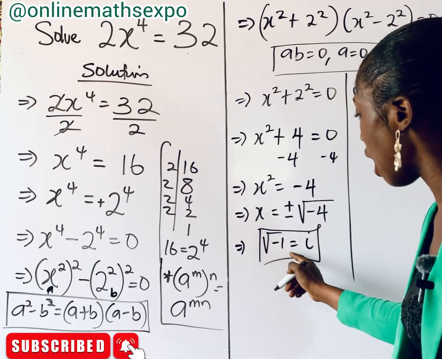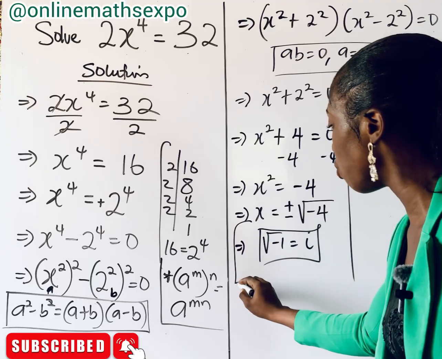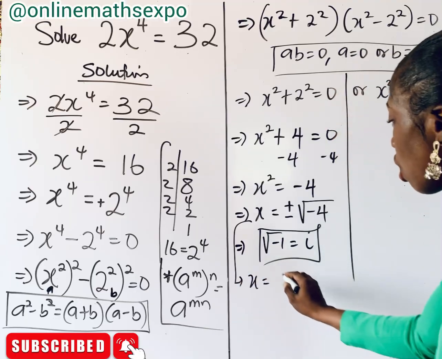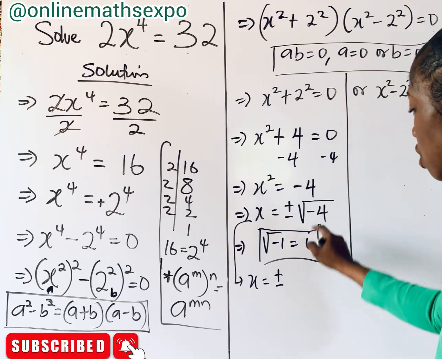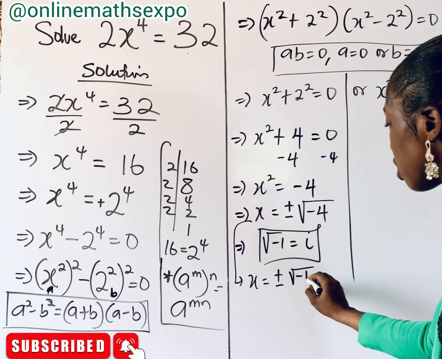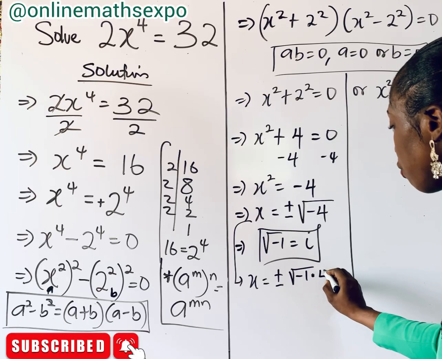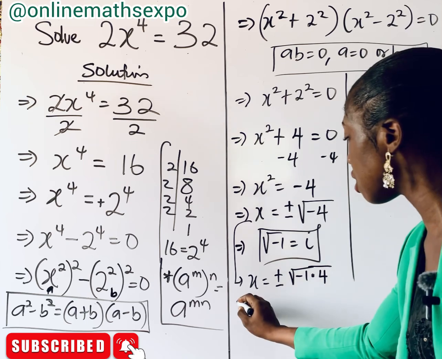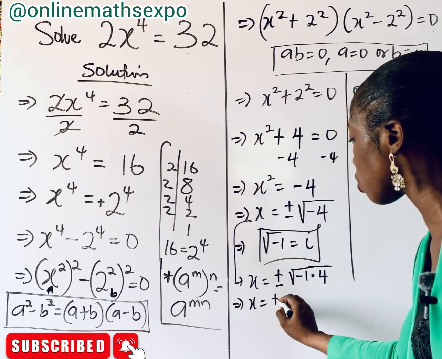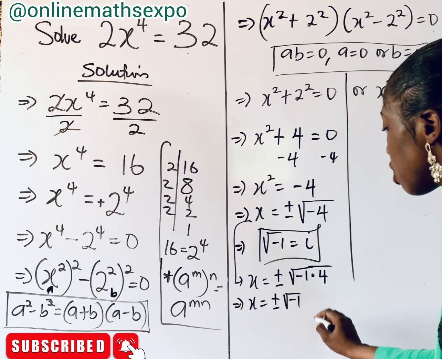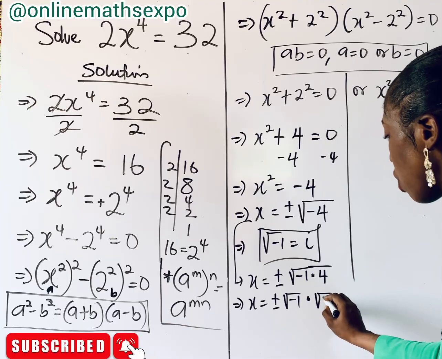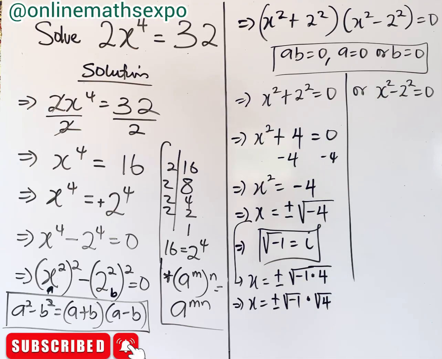Now, how do we apply this here? We know fully well that x is plus or minus the square root of -4. This is the same as the root of -1 multiplied by 4. And this is the same as x is plus or minus the square root of -1 multiplied by the square root of 4. You split this, okay?